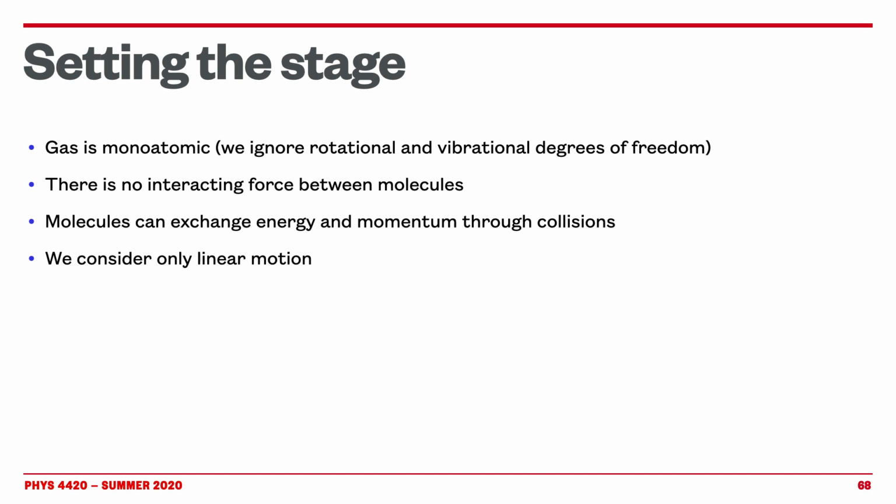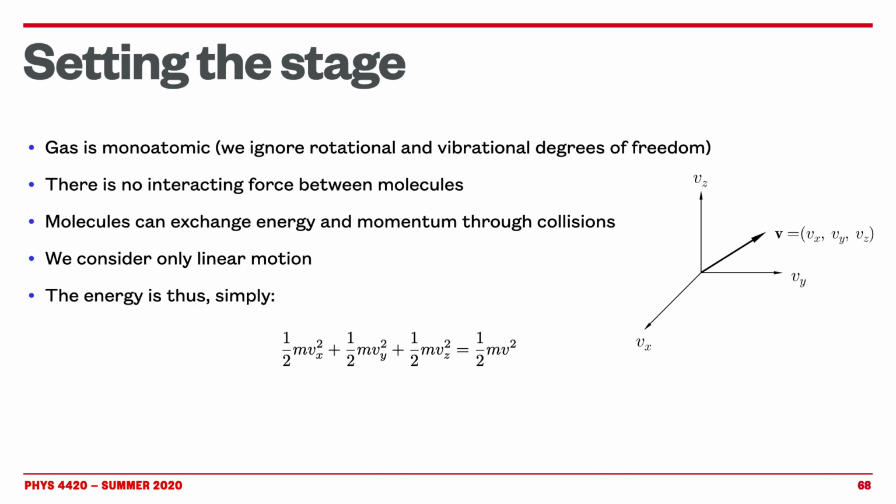In this case, again, we will use Cartesian coordinates where in the velocity space Vx, Vy, and Vz are orthogonal, and the velocity vector will have components Vx, Vy, and Vz, and of course in that case the kinetic energy is simply the sum of 1/2 mvx squared, 1/2 mvy squared, and 1/2 mvz squared, for a total of 1/2 mv squared, where v is the length of the vector in Cartesian space.